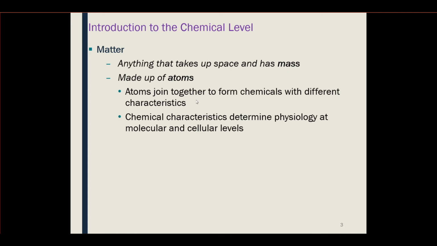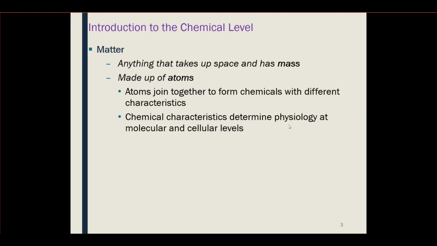Atoms are going to join together to form chemicals, and these chemicals have different properties. As an example, we know the chemical water is H2O. Two hydrogens are bonded to an oxygen, and water has various properties. And water, guys, is going to determine the physiology at the cellular level.